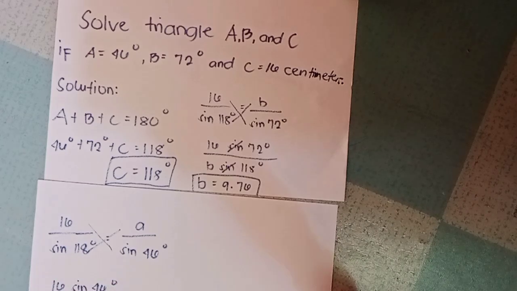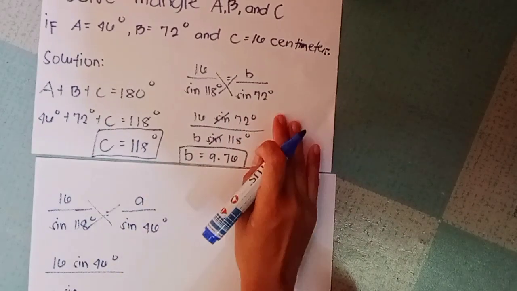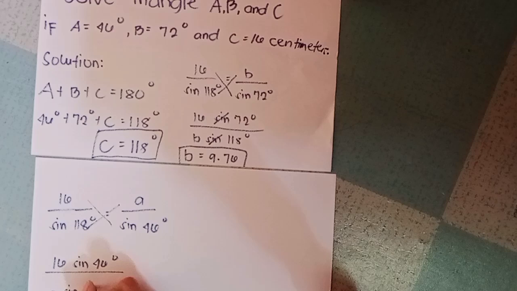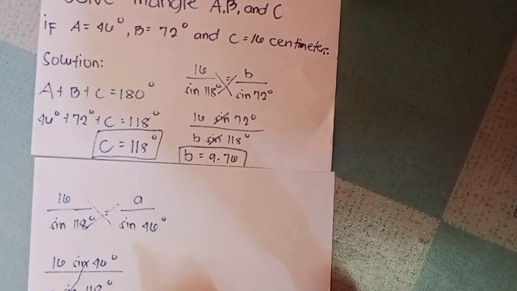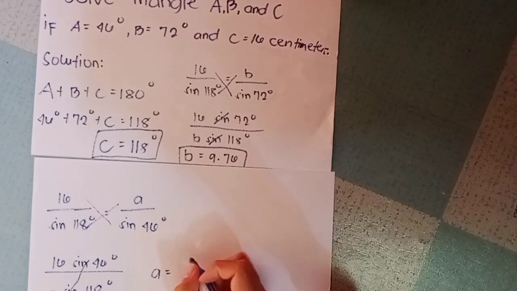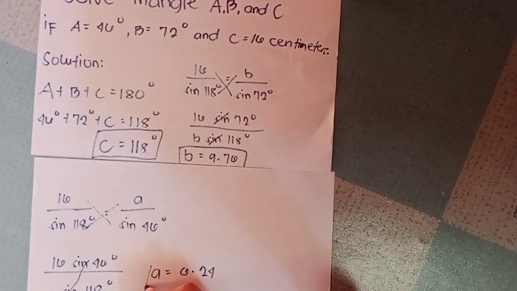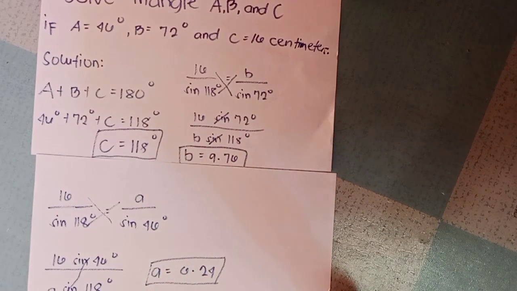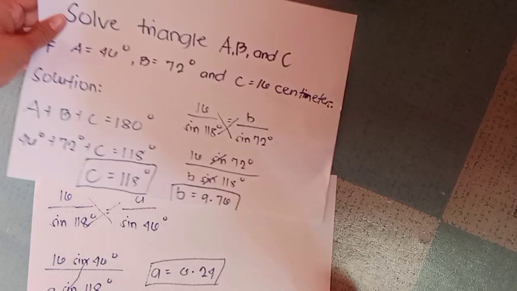Same process, cross multiply. So we have 16 sine 46 degrees over sine 118 degrees equals a. So we cancel out the sine, so we get a equals 6.24 centimeters. So that's for law of sine.